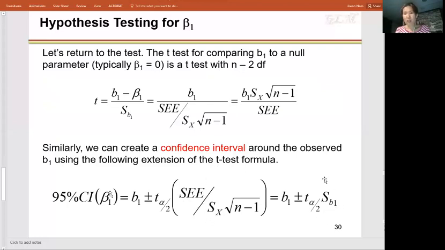This term is the error part, and this term is the true part. So you will have an interval, a lower bound and an upper bound. As long as your true value belongs to this confidence interval, you fail to reject the null hypothesis. If the confidence interval doesn't capture zero, you reject the null hypothesis. That means your slope wouldn't be 0. Does it make sense?